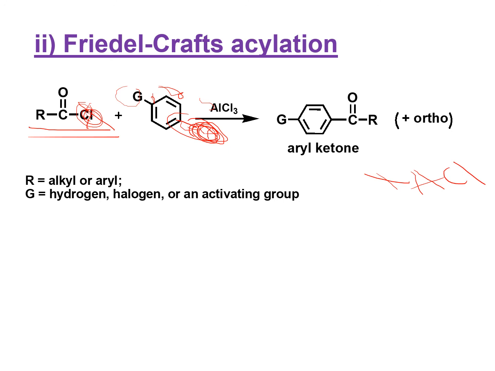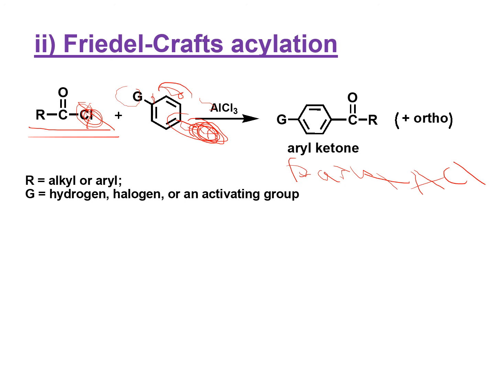So the C double bond OR replaces the H. You form C double bond OR here, and we call it an aryl ketone. The substituent can also replace at carbon number 2. Carbon 4 is para. If the substituent replaces at carbon number 2, we call it ortho.